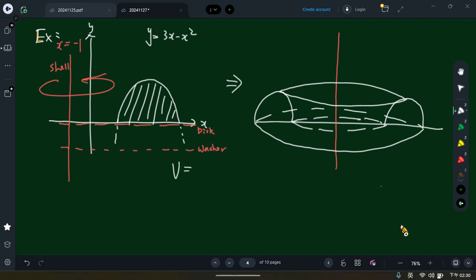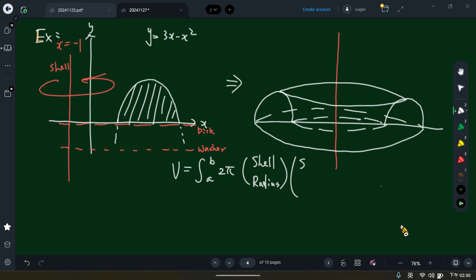V should be integrated from a to b of 2 pi, then shell radius. The so-called shell radius is each x point to the rotation axis. Try to use the length as the radius.